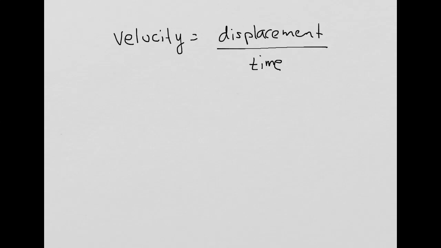Okay, in comparison to speed, which is distance over time. And remember that displacement can be symbolized as delta x, and we're really talking about change in time, so that's delta t. Okay.